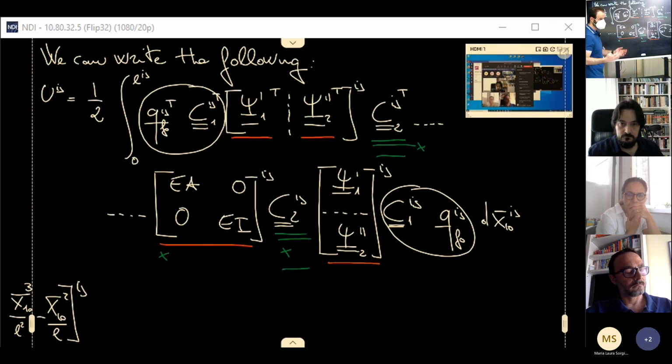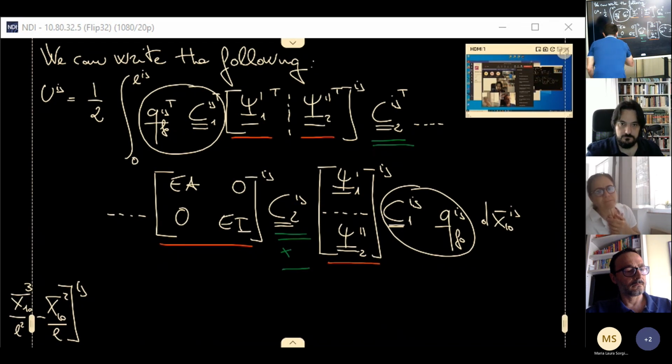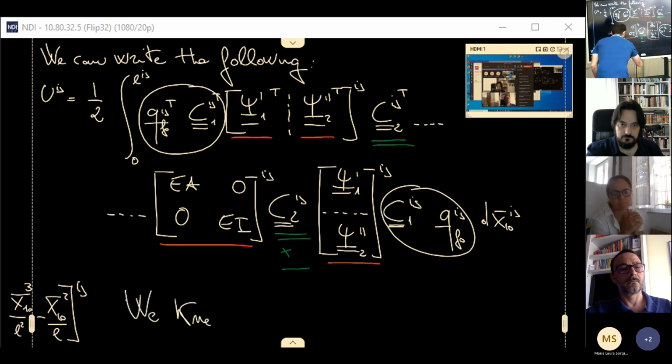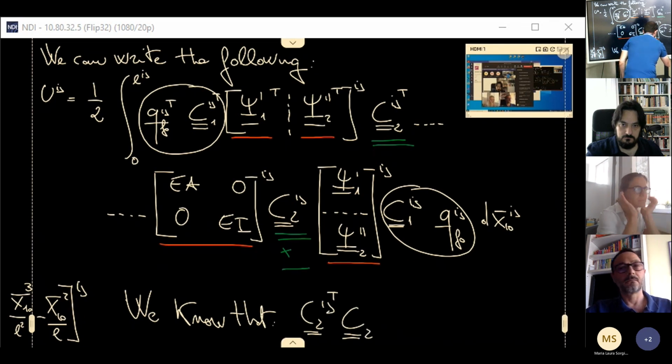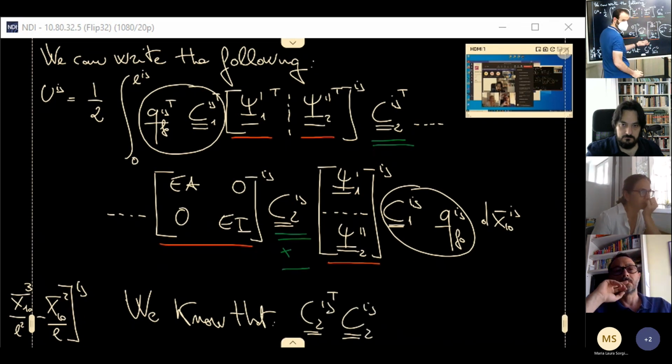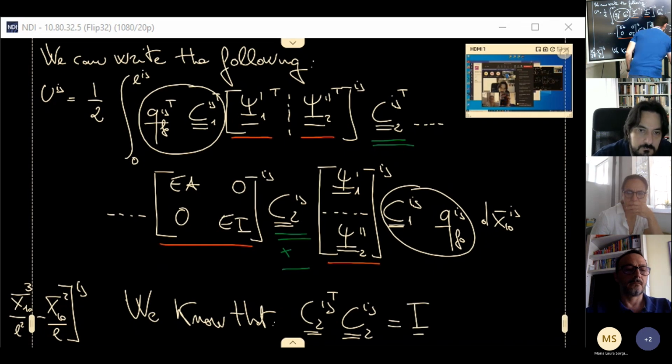Because again, we know, and I can write it here, C2 ij transposed applied over C2 ij, or even the transpose of this, is the identity matrix.